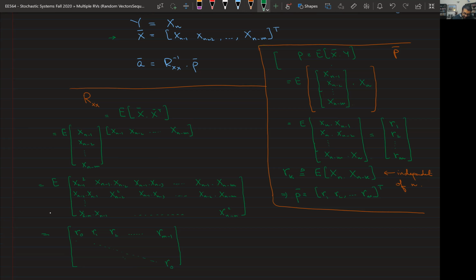At the same time, this is R1, this is R0, and this is R1 again, all the way up to R of m minus 2. Okay. And all the way at the end, this is going to be R of m minus 1, and so on, all the way up to R0, right? So it's a symmetric matrix, and this is Rxx. This is the correlation matrix under this model, right?